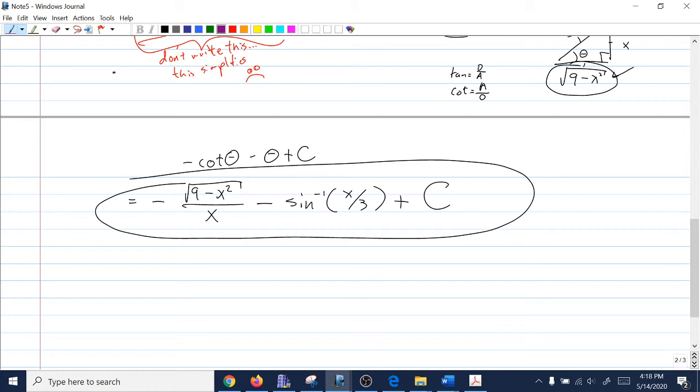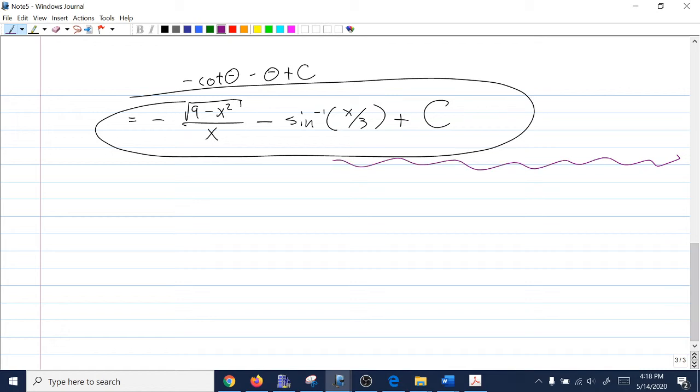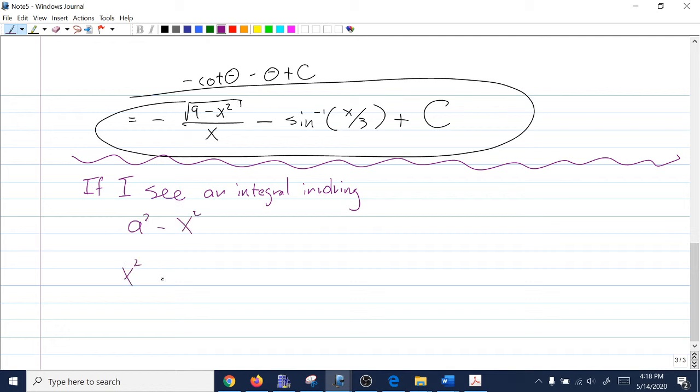The moral of the story, to do a trig substitution, is if I see an integral involving a squared minus x squared, or x squared plus a squared, or x squared minus a squared, I might try: for a squared minus x squared, try x equals a sine theta.